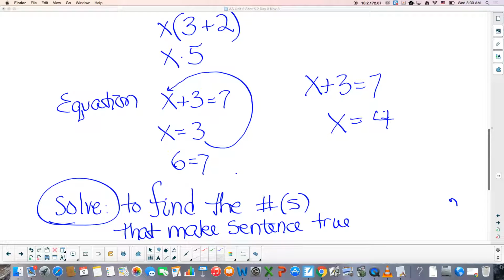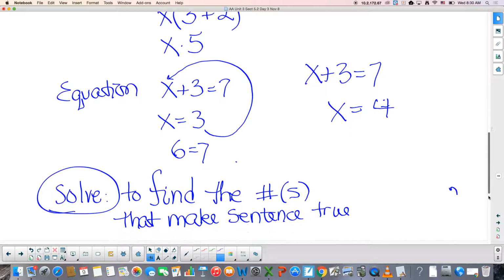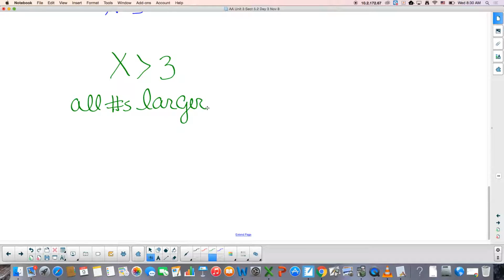One topic that's always difficult for students is inequalities. If I have x greater than 3, if I translate that into English, I want to find all numbers larger than 3. Now, is that hard?